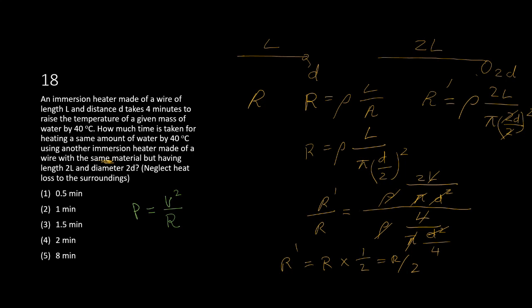So the V squared, V means the potential difference or the voltage. The voltage is dependent upon the main power supply, so that should be constant. So power is energy over time.